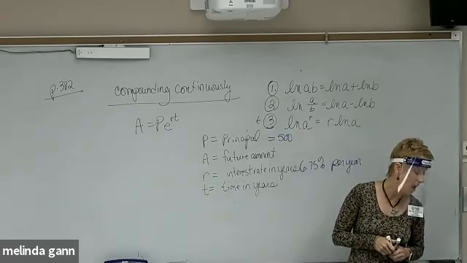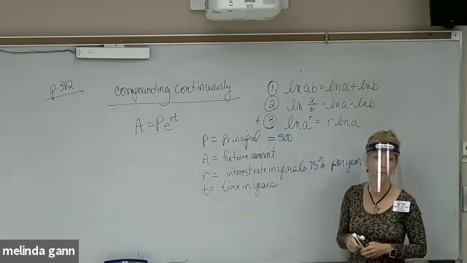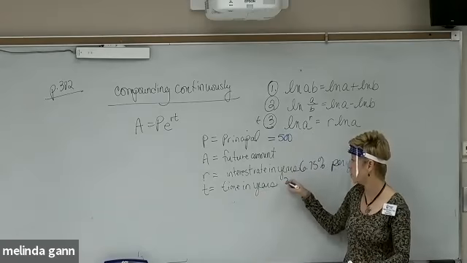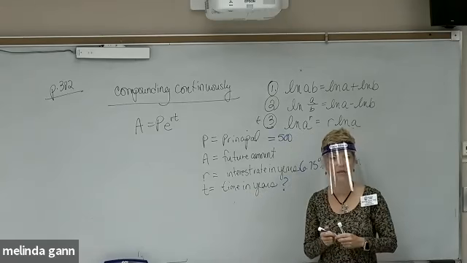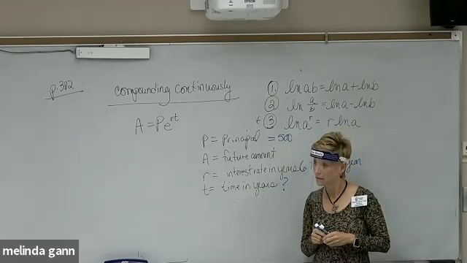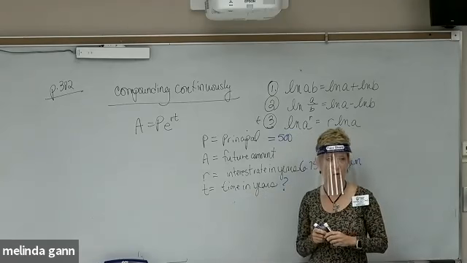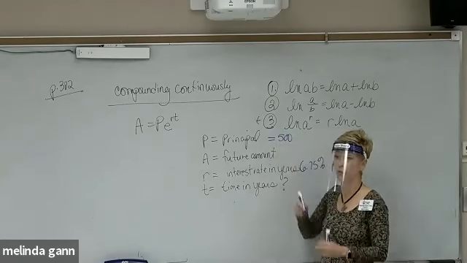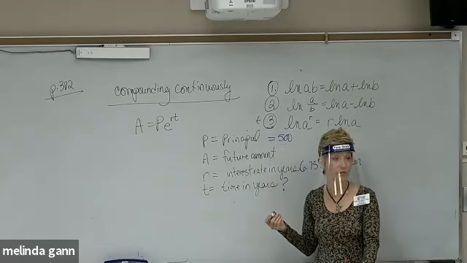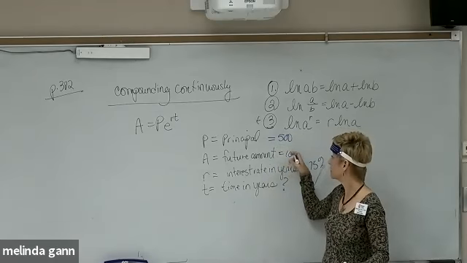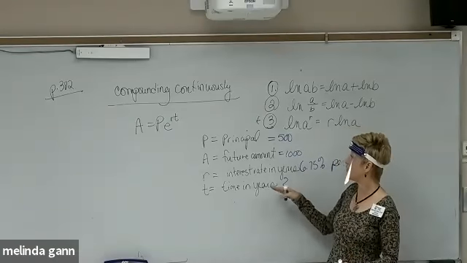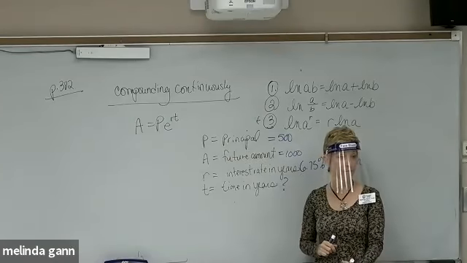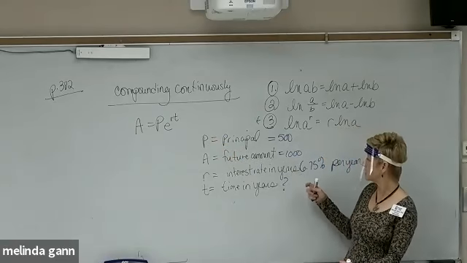Now it says, how long will it take for your money to double? So aren't they asking you how long? So we don't know the time, but it wants my money to do what? Double. All right. So if it was 500, what would it be when it doubles? It'll be 1,000. So I'm going to plug all that into my formula. All right, so what's my A?